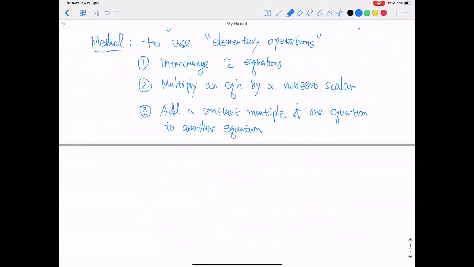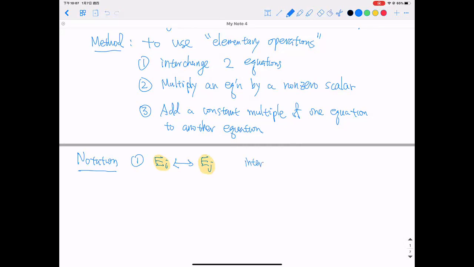But before we proceed, we should introduce some notation for these operations. So we're considering, say, the i-th and the j-th equation, and the symbol Ei represents the i-th equation, the symbol Ej represents the j-th equation, and this two-sided arrow just means interchanging the two equations.